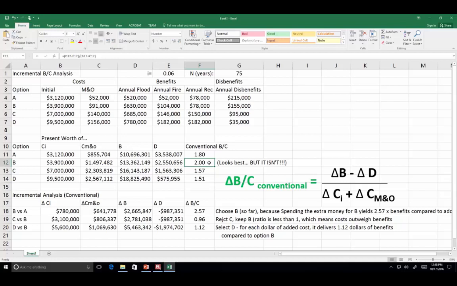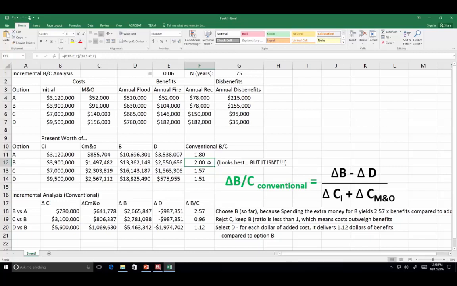And that is why, when we reject C, the final comparison is D versus B, because B was the last yes alternative that hadn't yet been rejected. But we do ultimately reject B and go for D because the ratio is greater than 1. So even though it is the most expensive alternative by a lot, that added cost is delivering quite a bit of added value. And so it's worth the extra money to go for that alternative.